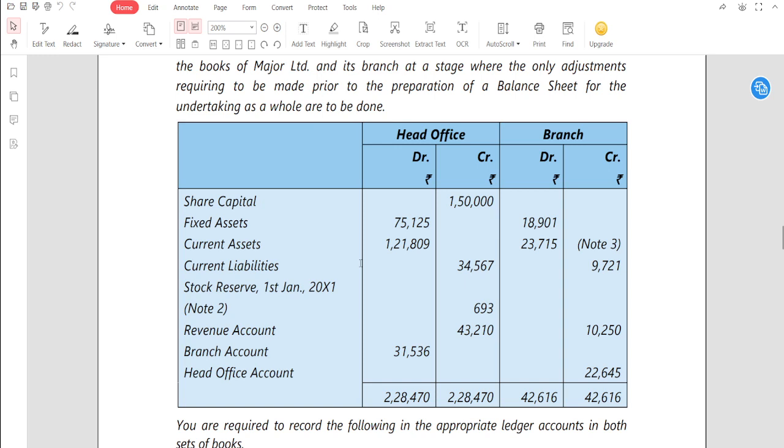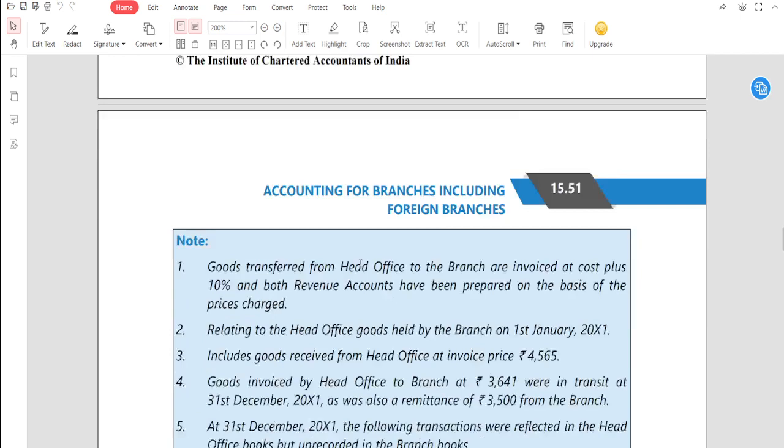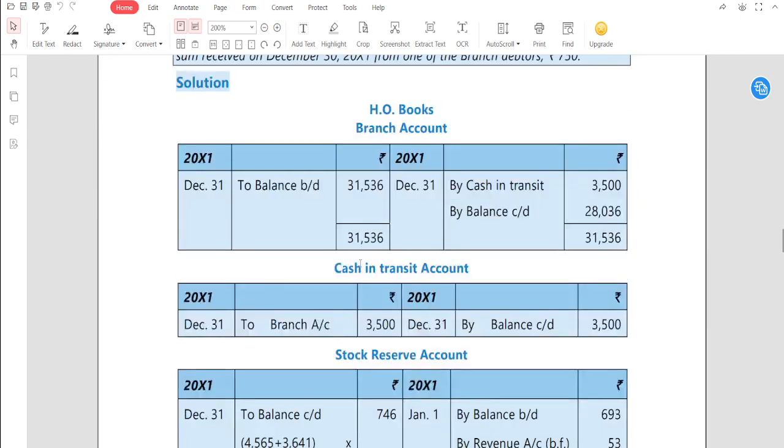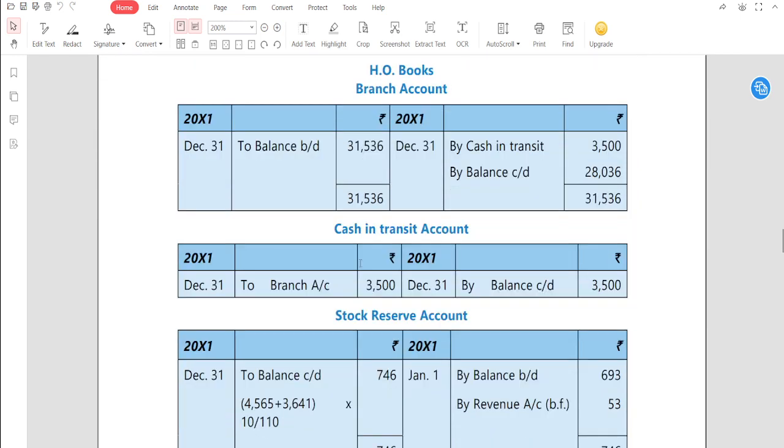So we will prepare the HO books first, and in there we can easily record in the books of HO the branch stock account, stock reserve account. Okay, and branch account, branch stock reserve account. And also if you see there are multiple accounts related to cash in transit, not required. If you don't want to put any cash in transit, please do not mention it, not a worry at all. Okay, if you want to you can mention it.